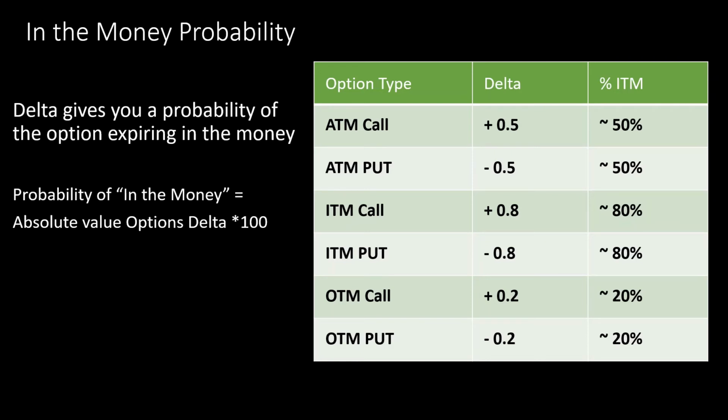If you look at an out of the money call option or out of the money put option, the underlying has to move significantly in the positive for a call option, or in the case of a put option, significantly downward, for the option trades to expire in the money. So the probability of an out of the money call option or out of the money put option expiring in the money is lower. In this example, it is around 20%.